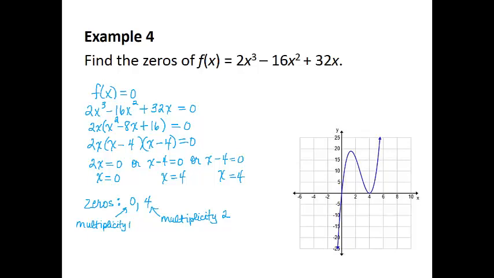But here's an interesting thing. Notice how the graph behaves at those zeros. At the zero of 0, the graph crosses the axis there.